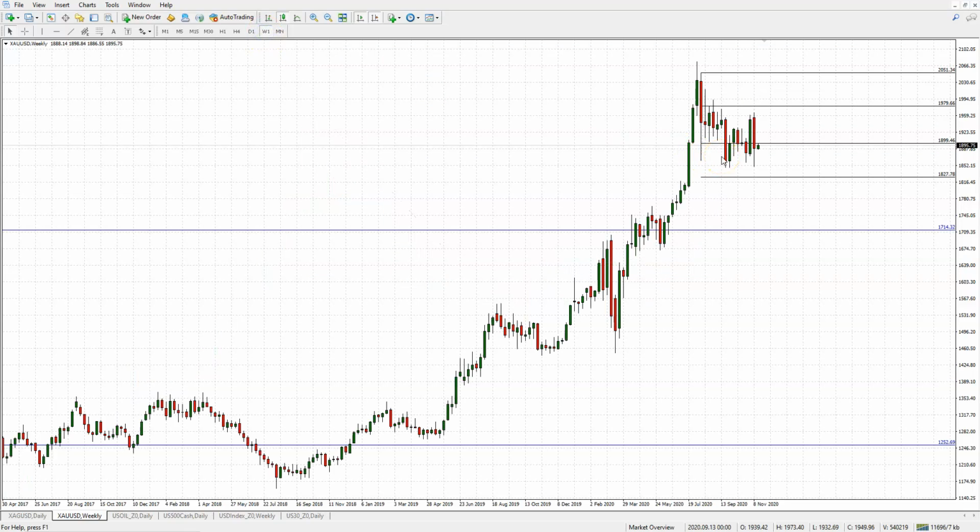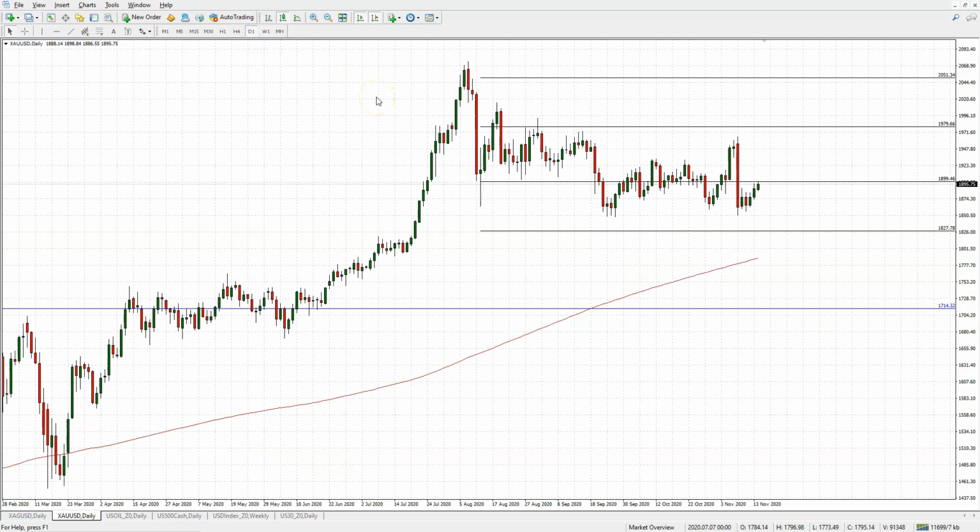Now, I want to show you what happened ever since we talked about that. The first drop was right there. We started to talk about this after the first drop. Price traded sideways for a while, and then we had the second drop, and then traded sideways for a while.